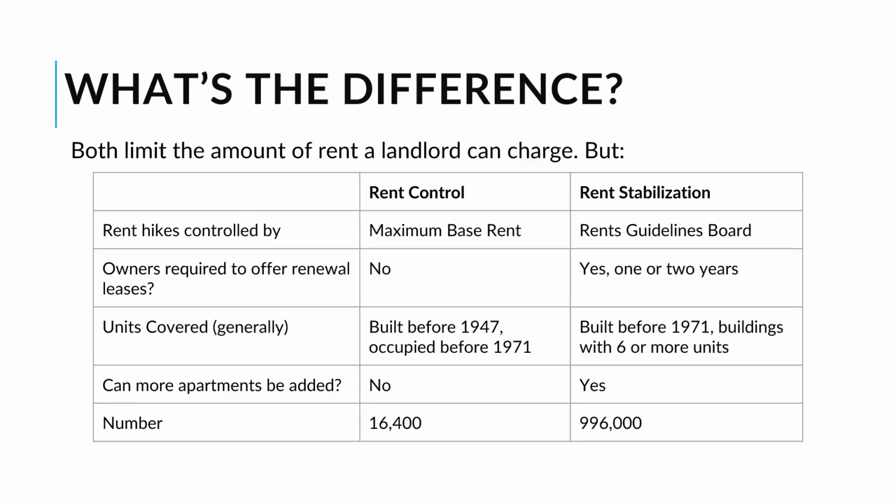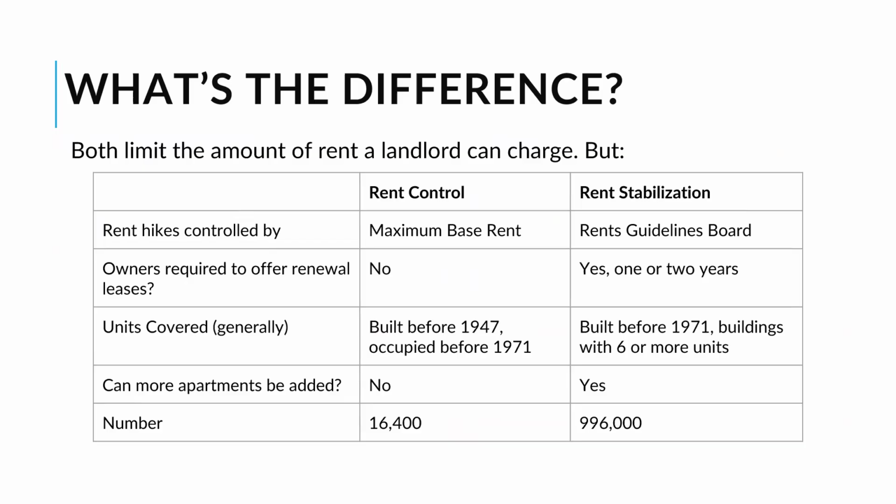And so these tax credit apartments are now rent stabilized apartments. There are about 1 million rent stabilized units. That's about the same as the number of market rate units. I think market rate might be a little less than 1 million. Rent control is pretty minimal, 16,000 to 24,000 is the estimates I've seen.